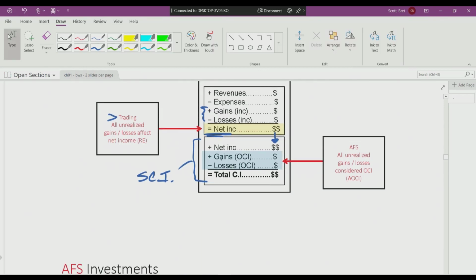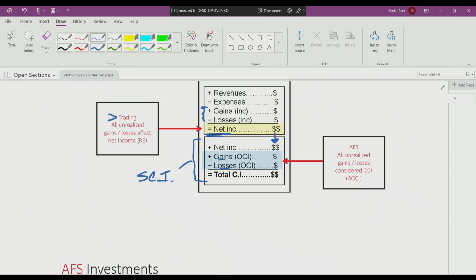Well, we had some unrealized gains or unrealized losses that are not necessarily reportable as part of income. They do exist, they did happen, but we don't want to show them affecting earnings or earnings per share. So we stick them below net income in comprehensive income. Can you comprehend what I'm saying here?